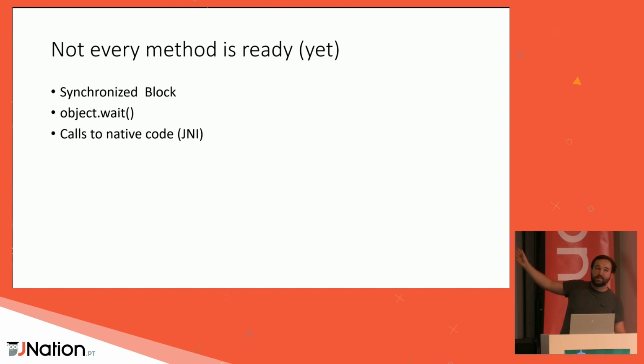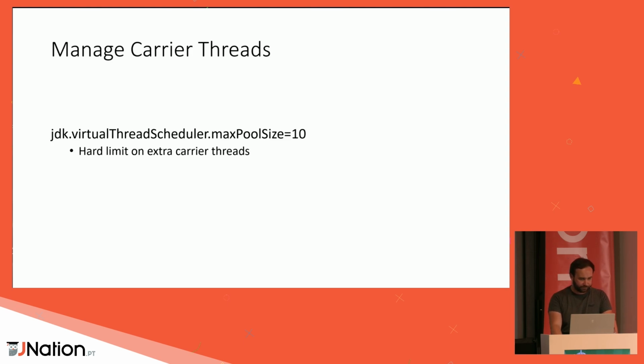It says "yet" in the title because they are working on an issue to resolve it, and there is an early access build of Java 23, which should resolve this, but they are looking for feedback on whether the performance is right. But if you are using 21, then this is still a blocking or pinning operation.